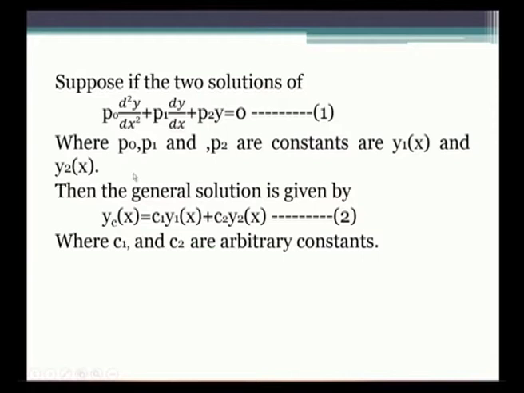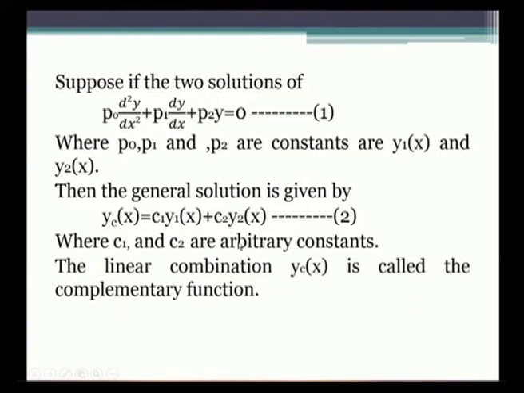So, we assumed two functions y1 of x and y2 of x. These two functions are combined as a linear combination. That linear combination is given as yc of x is equal to c1 y1 of x plus c2 y2 of x. This yc of x is called the complementary function.